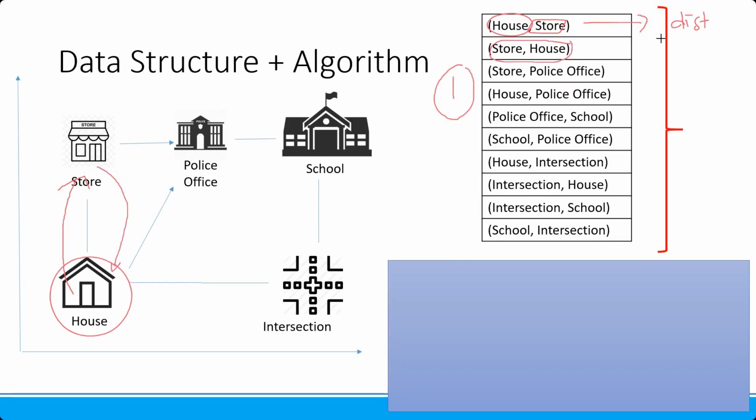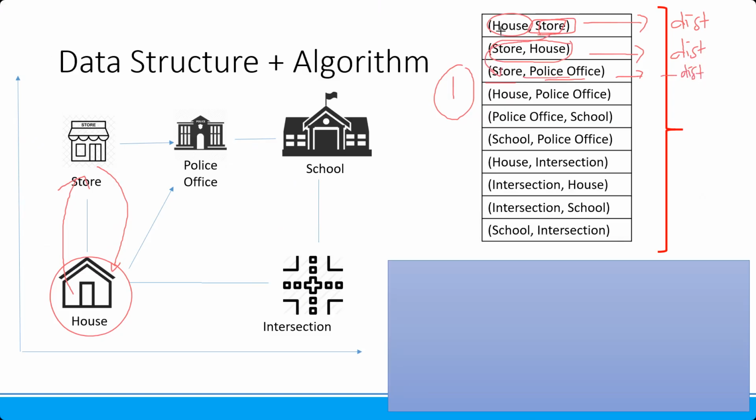Store to house. Okay, I can check the distance. And then I check store to police office. Because we have store as the destination. So store and go to the police office. We will check another distance.